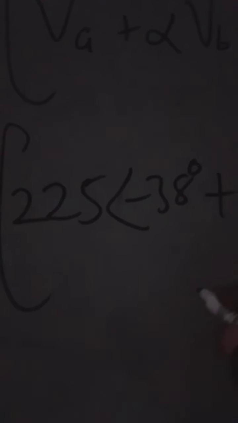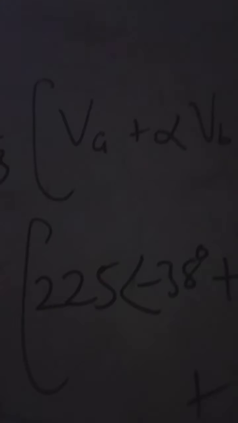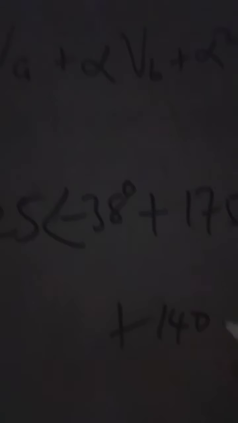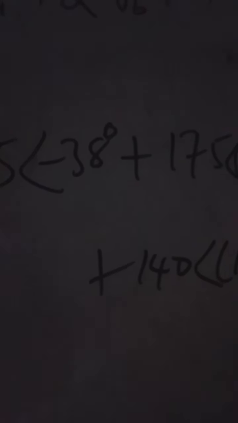Alpha represents 120 degrees, right? Then plus alpha squared VC. Our VC is given as 140 at angle 115 degrees, plus alpha squared, which is 240 degrees.